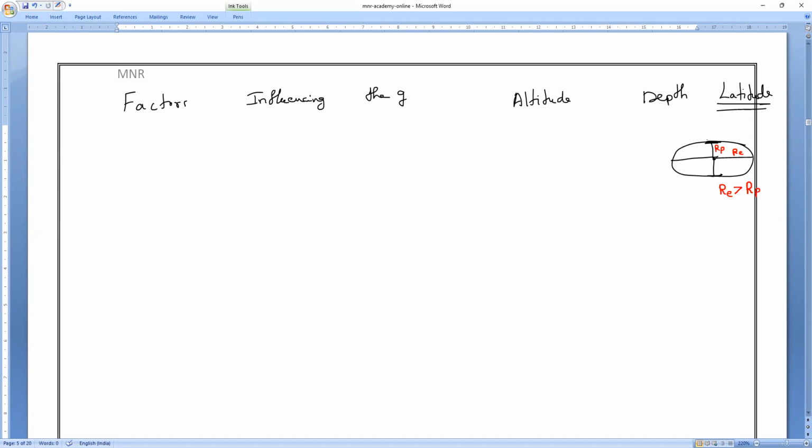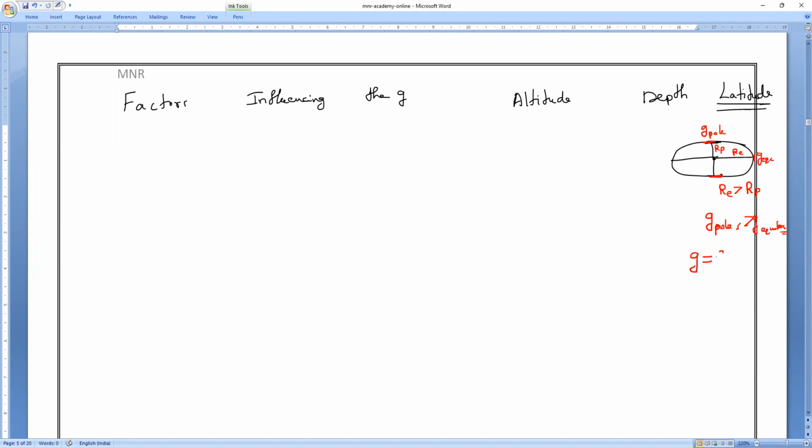That is why, as radius decreases, G value increases. So which is greater, G value at the poles or G value at the equator? G value at the poles is greater than G value at the equator. What is the formula?